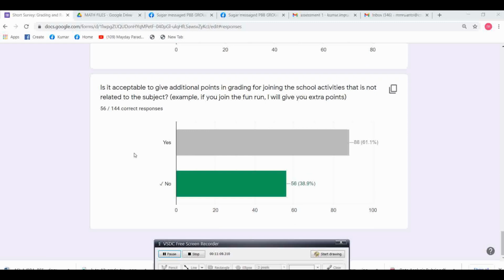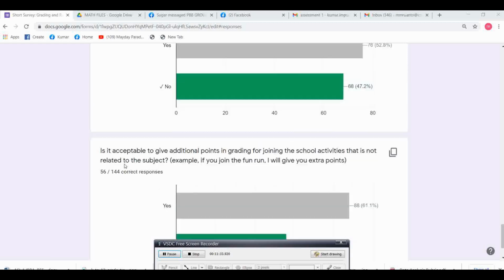The answer here is really no. Again, grades should be based on the performance that is explicitly defined in the subject matter or in the grade components, not on extracurricular activities. I hope all these things are clear to you.